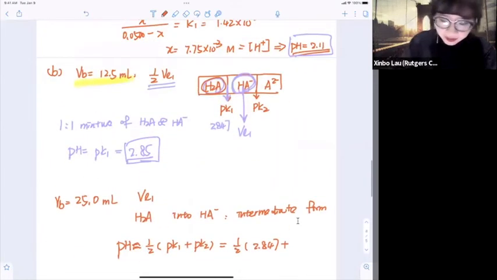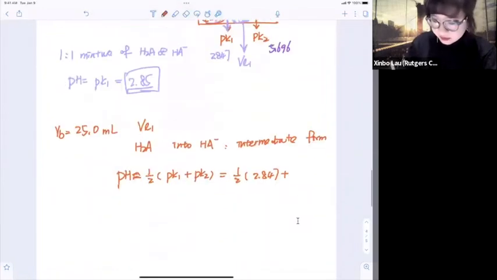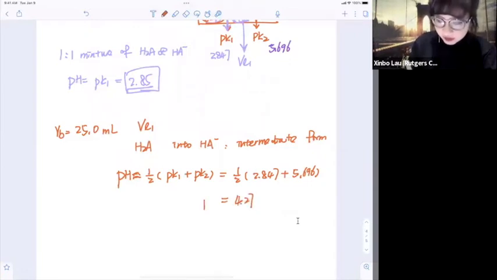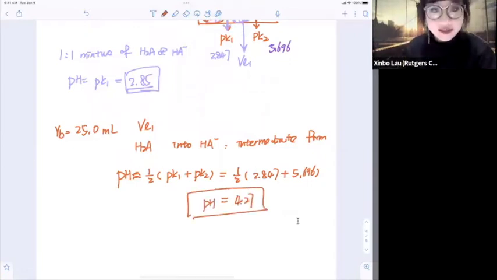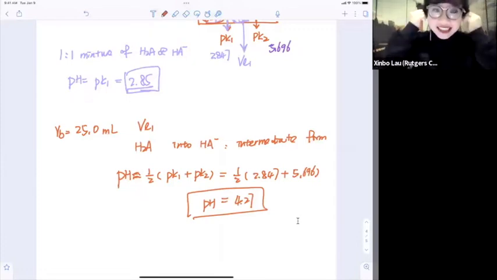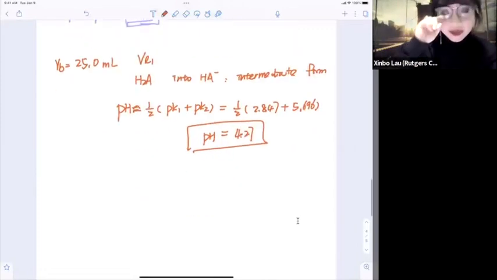So let me label that: pK2 equals 5.696. Now let's do that calculation. The pH at this point, the first equivalence point, will equal 4.27. You go, okay, that sounds good. So that's VB equals 25.